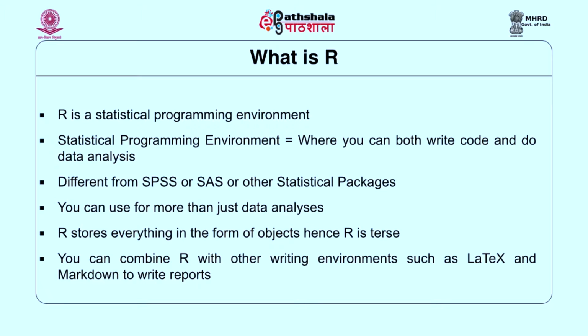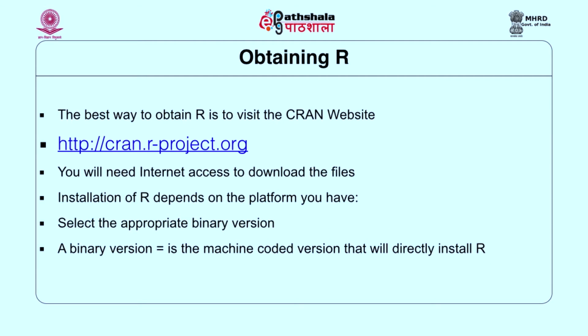So to get started, first things first, we need to obtain R from a source. And the best way to obtain R is to visit the CRAN website. CRAN stands for Comprehensive R Archive Network, which means this is a website, and I say it's a website because it is a site that consists of a number of different pages, as we will see soon.